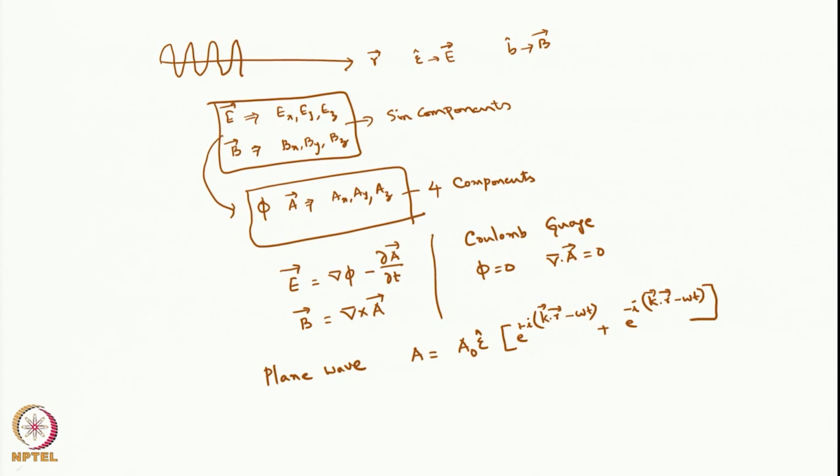Now, this is exponential i theta plus exponential minus i theta. So, this is proportional to cos theta.